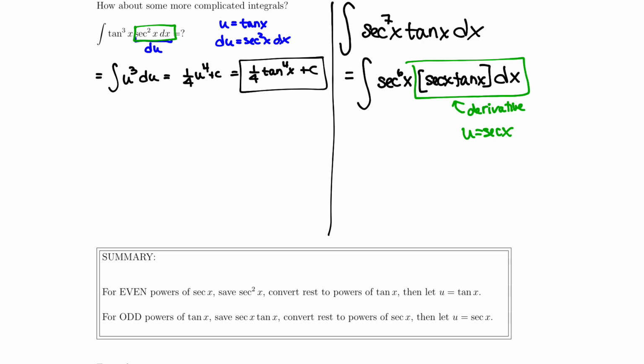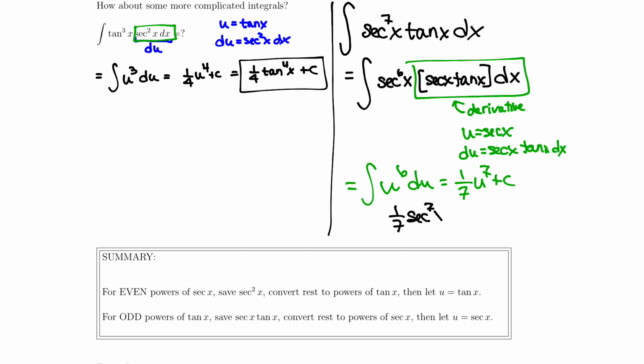Okay, so you let u be secant, and du becomes secant tangent dx, right? Yeah, so you just do u to the 6th du, and the integral, that would be u to the 7th over 7, and then you plug it back in, so secant to the 7th over 7.